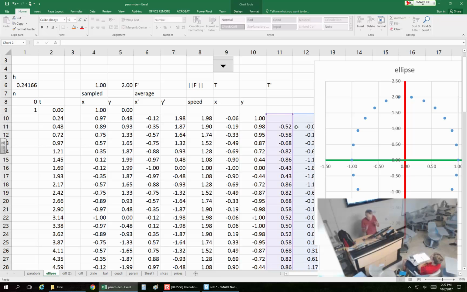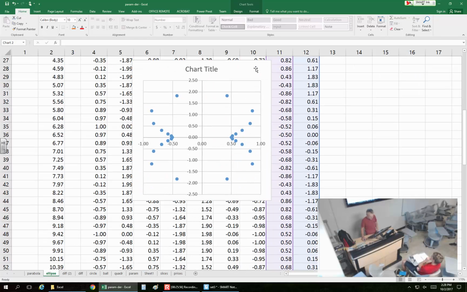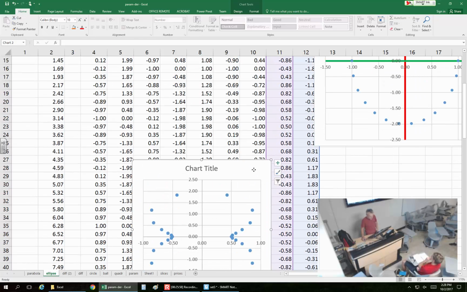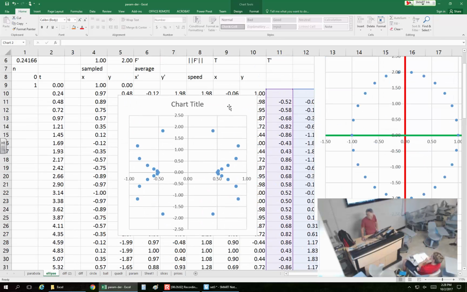It is, as you can see, stretched vertically. The parameterization starts over there, and now if I bring it up, we can put them side by side and try to analyze what is happening to the unit tangent vector. So this is the derivative of the unit tangent vector again. So what do you see? What's happening to the unit tangent vector?